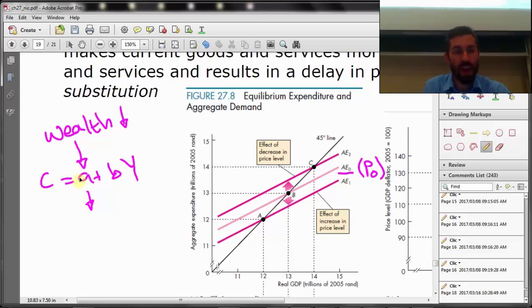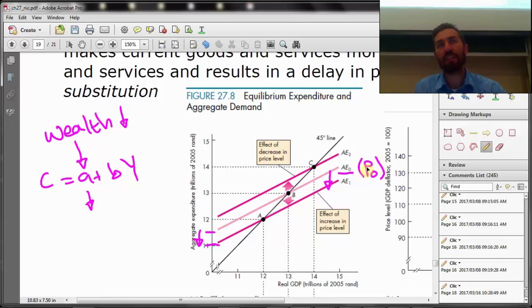If the value of A goes down in our aggregate expenditure function, what is decreasing? My y-axis intercept, right? If the value of A decreases, my entire aggregate expenditure curve shifts down.